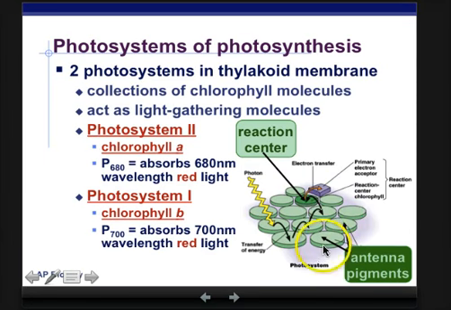Right, so the pigment molecules are like little antennae ready to take on a photon of light. So when any antenna absorbs a photon of light, it transmits it from molecule to molecule until it reaches a chlorophyll A. Okay, and then that is the reaction center. So when a photon hits the chlorophyll A, it gets chlorophyll super excited to remove an electron, and once we have an excited electron, we can begin the light reaction.